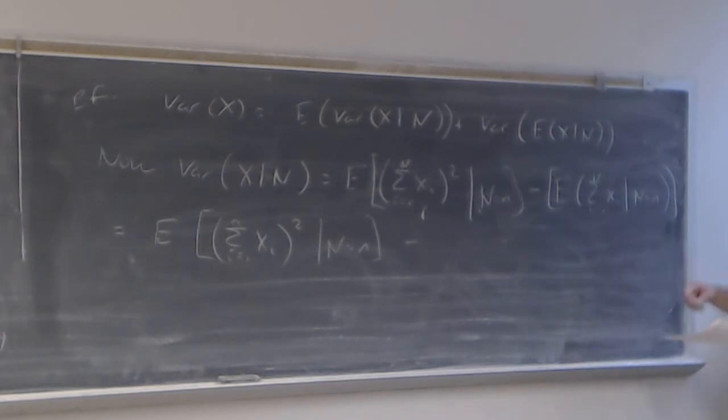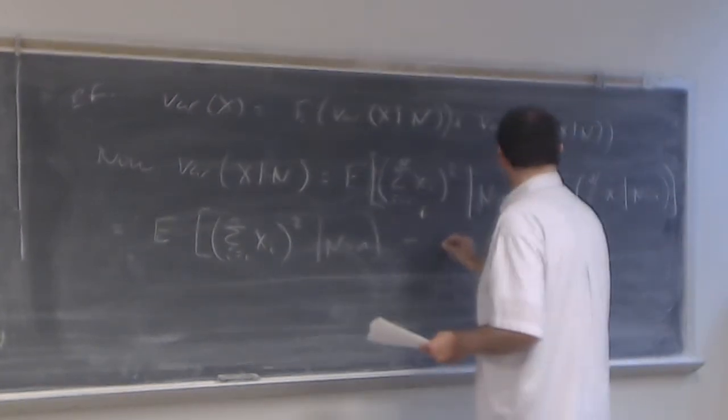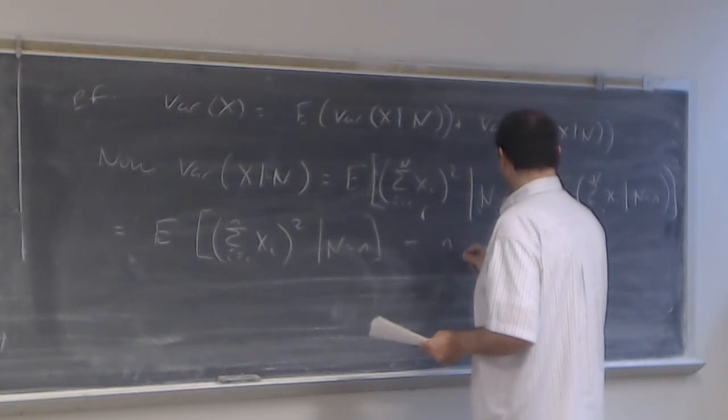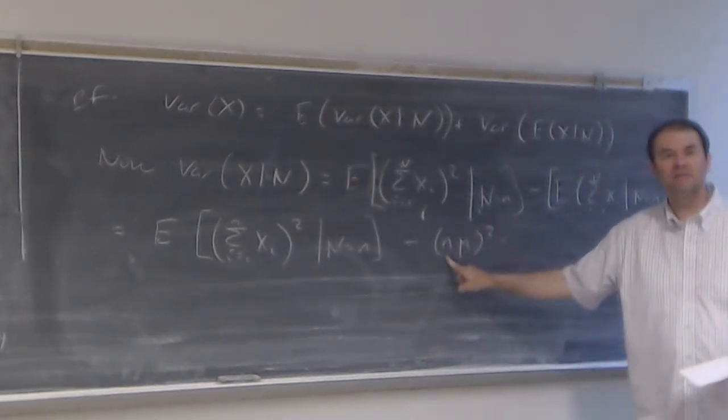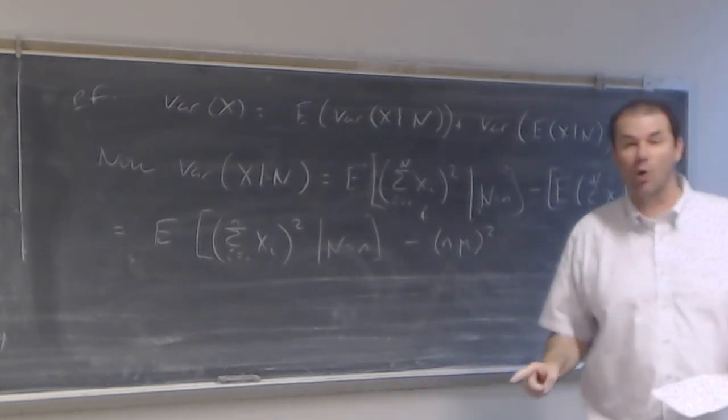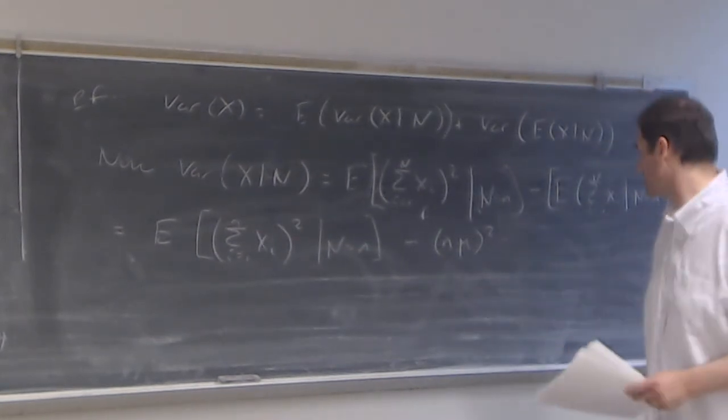What we found this to be previously would be n times mu, so that's to be squared, because we said it was n times the expected value of x1. We did that previously.